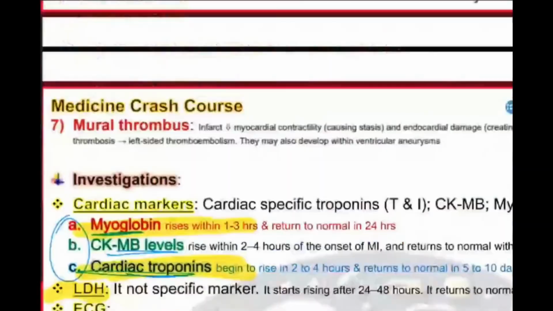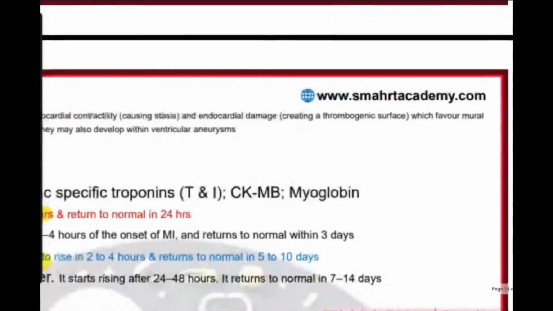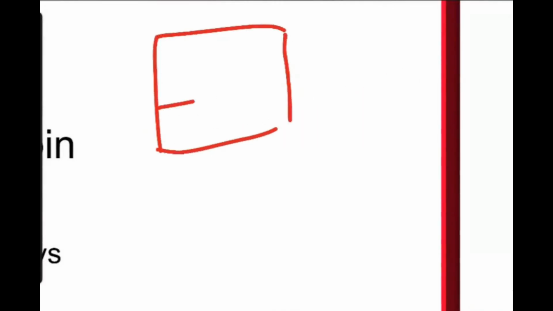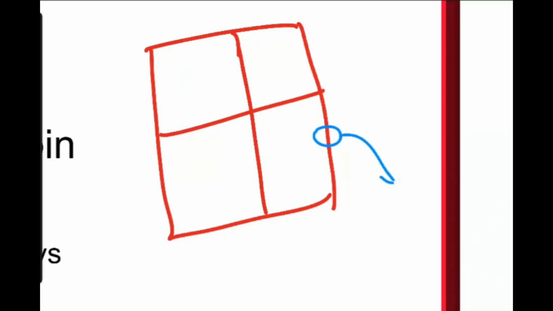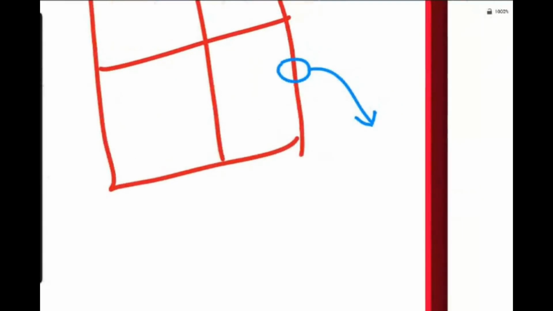In ECG, yes. Now comes the main topic. I'll give you an orientation. I will draw a heart like this, with its four chambers. Now imagine I have taken this section and I'm enlarging it here.